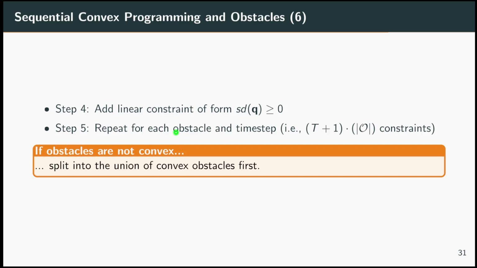So it's quite many constraints, but all of them are linear, and then we can use our convex solver to solve it. In principle, this only works if the obstacles are convex. So if you have non-convex obstacles, you would split them up. And how to split them up, we will also discuss in a little bit.